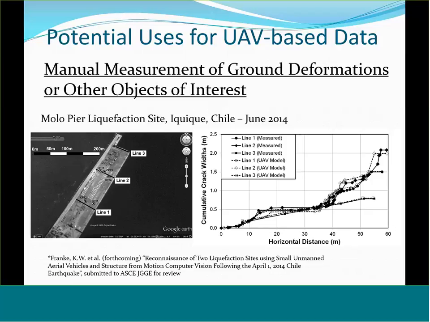The value of this is that we can go back and perform measurements for these cumulative crack widths after the reconnaissance mission has been completed and after the field team has collected all the necessary data just to create these virtual models. In general, we were within about 9 centimeters of the final lateral spread displacements for the pier, which is quite remarkable.